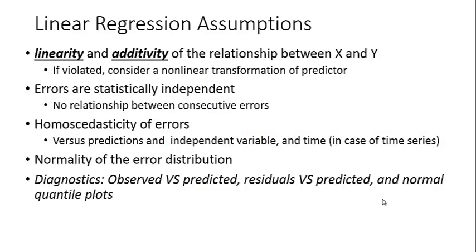There are some assumptions for linear regression. Linearity and additivity of the relationship between x and y. It means the relationship is linear, it's not a curve. And if we add the value of x, the value of y will be added consistently, or y will decrease consistently when we add to the value of x.